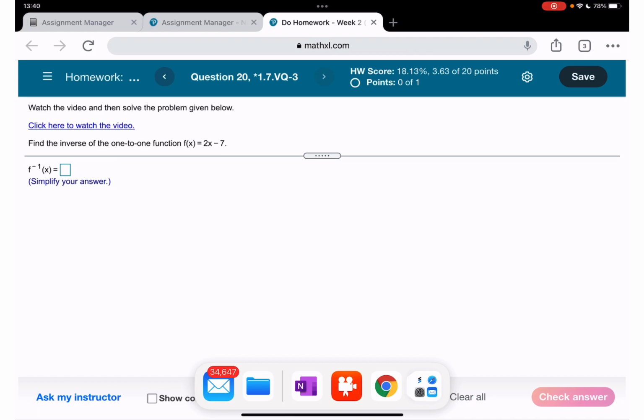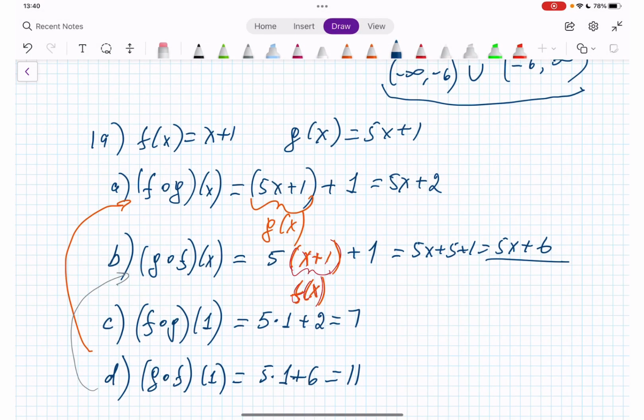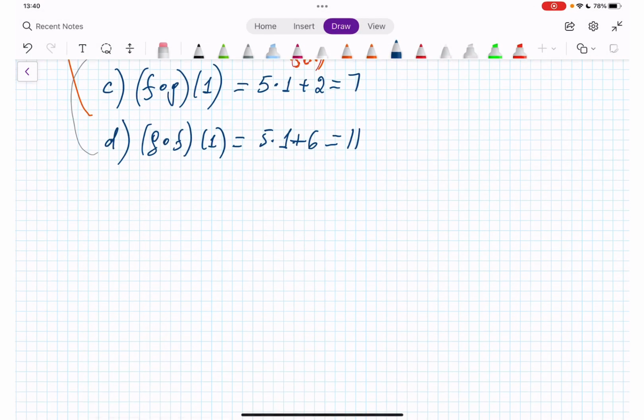So 2x minus 7. Number 20. f of x is equal to 2x minus 7, which means if I write down y is equal to 2x minus 7, because f of x is nothing else, just y, right? So now I'm replacing: x is equal to 2y minus 7.